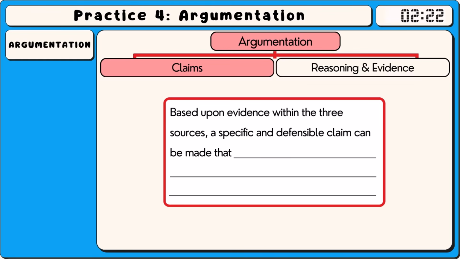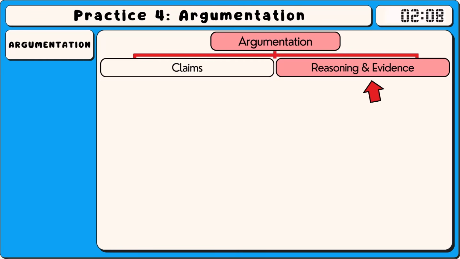In my EBQ Mastery Playbook, I recommend students write their claim for Part A using this template. Based upon evidence within the 3 sources, a specific and defensible claim can be made that, and then make your claim.